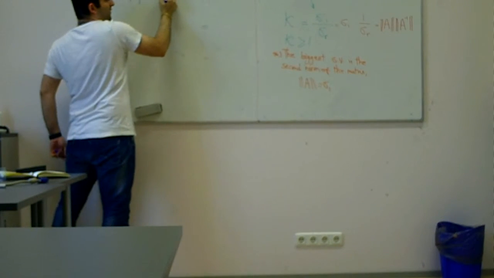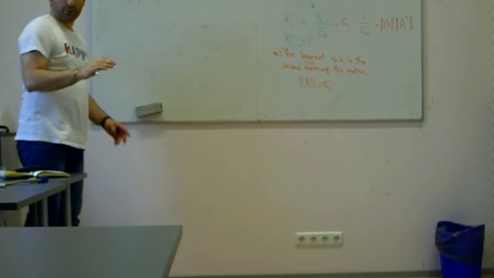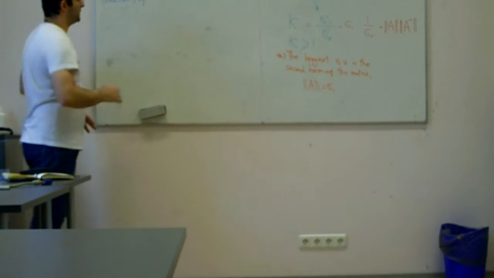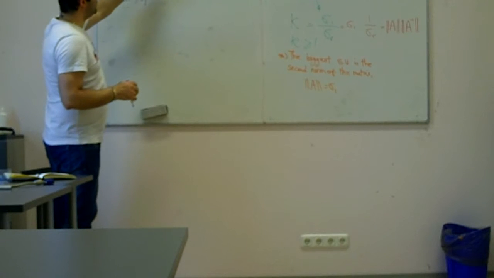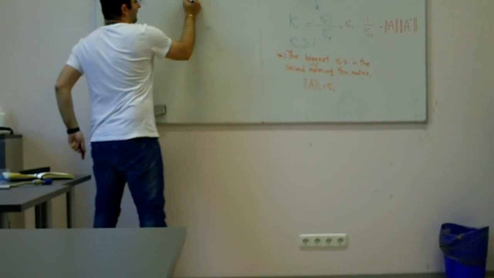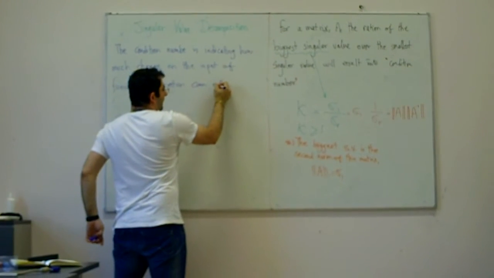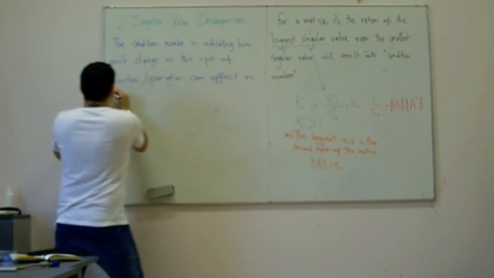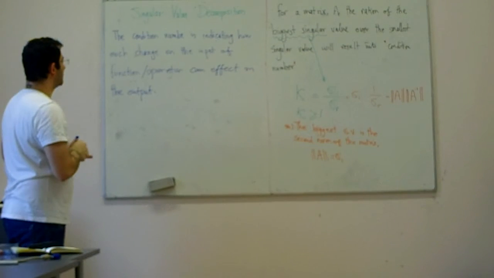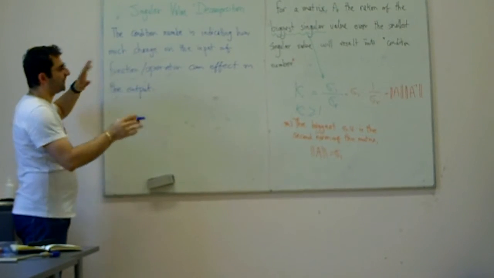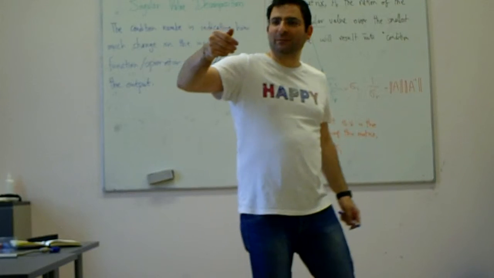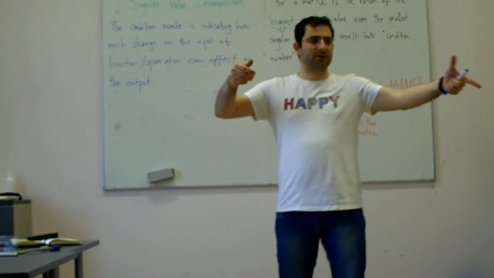We know that the matrix is an operator, right? Or a function which takes us from V vector space to W vector space, from a domain to codomain. How much change on the input of the function or operator can affect the output. Let me see if I put it in the correct form. How much a small change on the input can affect the output. In other words, if I change my input a little bit, what will happen to the output?